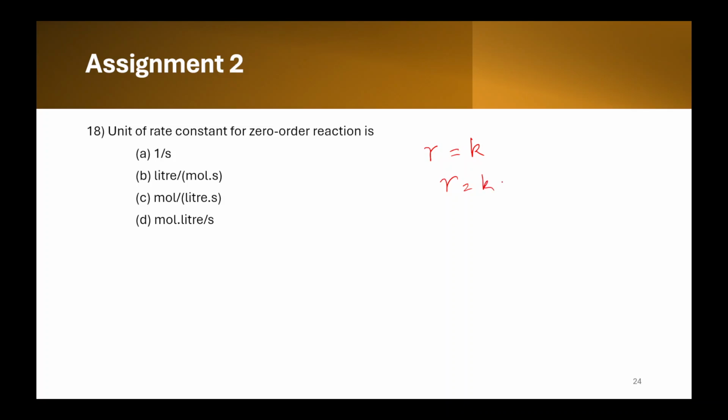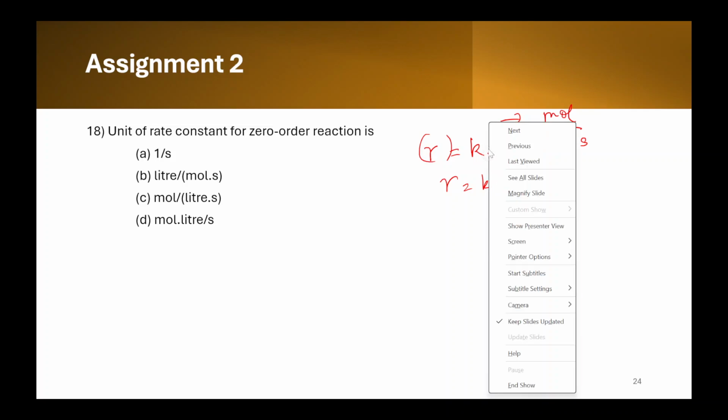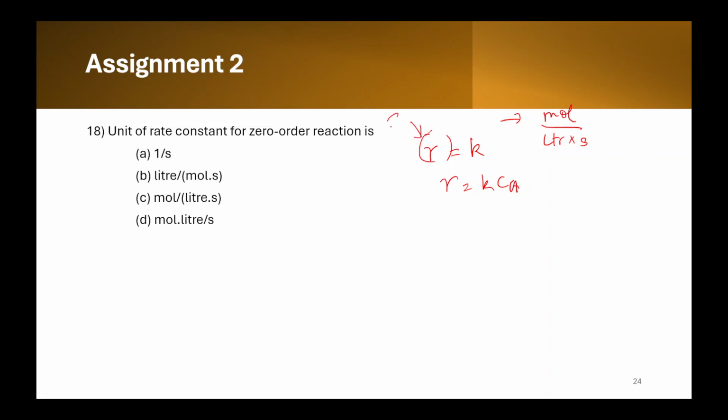For first order reaction, r is equal to k C_A. The unit of rate is change in concentration per time, so mole per liter into second. So the unit of rate constant for zero order reaction will be the same as the unit of rate, mole per liter per second. So this option.